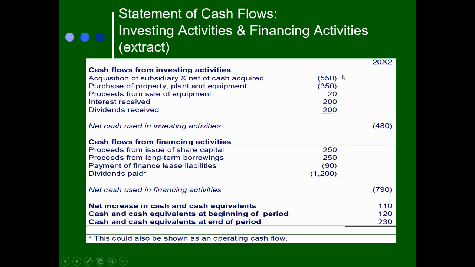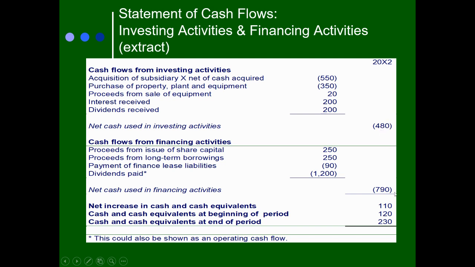So you have to total up the inflows and outflows for each activity to get the net cash used for that activity. The net increase in cash and cash equivalents is the total of all three activities, the net cash used for each of the activities.